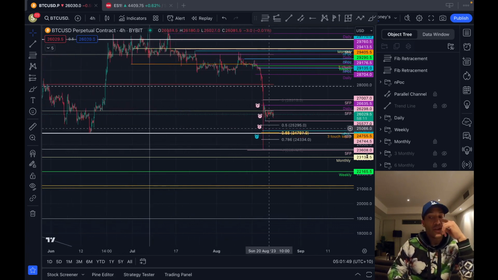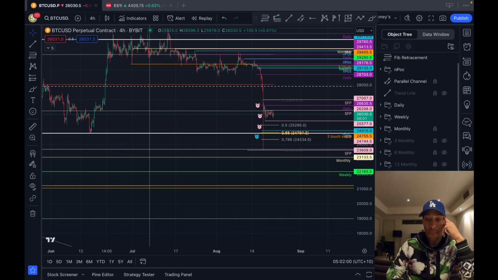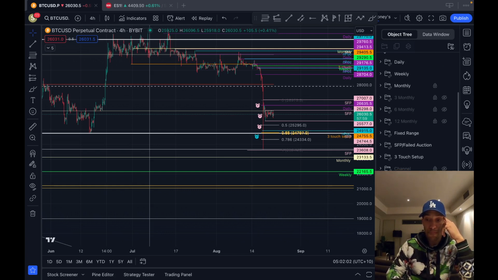So as you can see, guys, as you start to add up things from your object tree, you can see the confluence coming into play. There's no current harmonics at the moment. Channels.